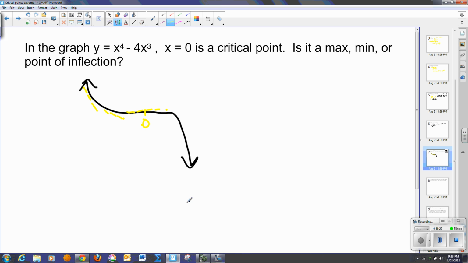Now, if my tangent to the curve is dead horizontal, and this is neither a high point, which it's not, nor a low point, it doesn't appear on the top of a hill or the valley of a ditch, if you will. If it's not a max or a min, then it's got to be a point of inflection.